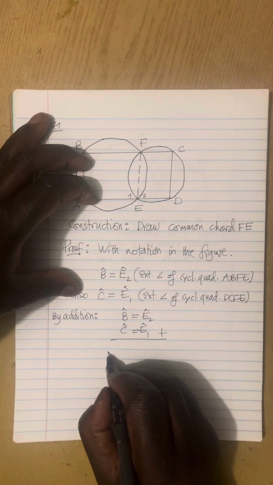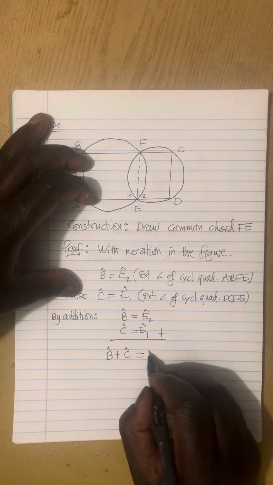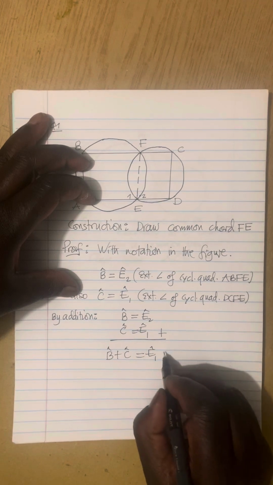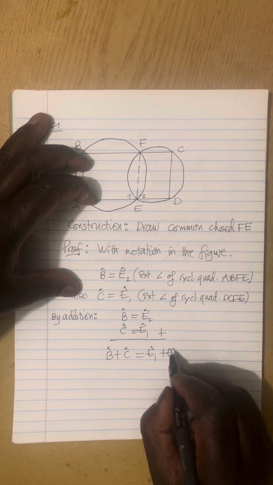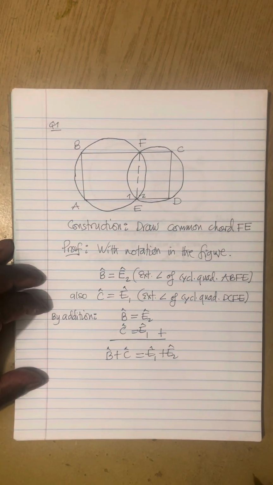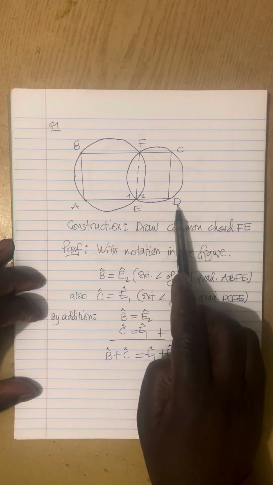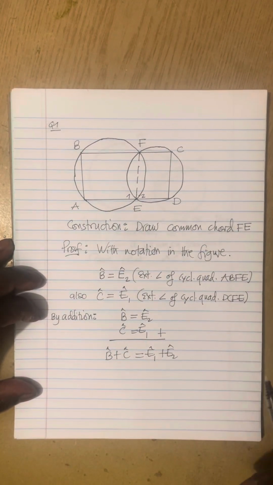So what do I have now? I have angle B plus angle C is equal to angle E1 plus angle E2, like so. But notice now, they have told us that AED and BFC are straight lines.